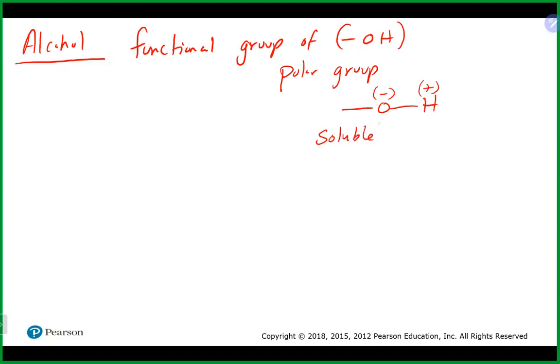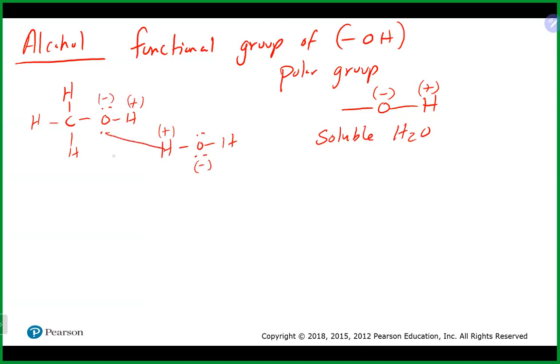Very low carbon number alcohols are soluble in water, because if you have something like methanol, it is able to hydrogen bond with something like water. Again, this being more positive, this being more negative. So that is going to be able to make a hydrogen bond, which will allow something like methanol to be soluble in water. Something like ethanol will also be soluble in water.